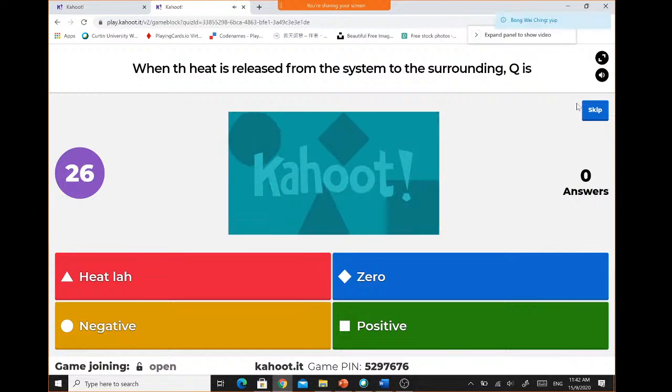So when the heat is released from the system to the surroundings, Q is: red color is heat loss, blue color is 0, yellow color negative, green color positive. When the heat is released from the system, which one should be the answer?